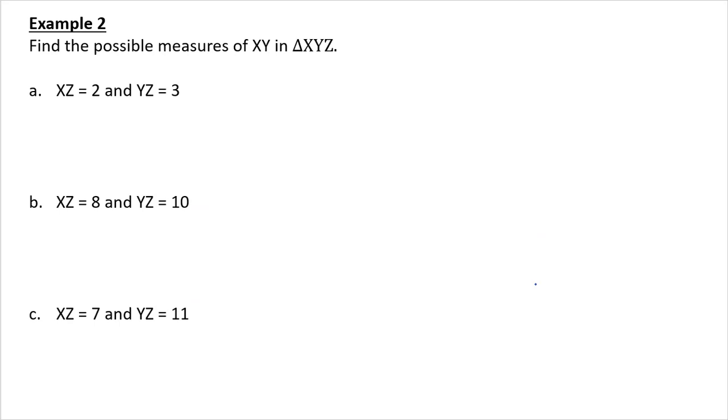Okay. Find the possible measures of XY in triangle XYZ. Okay, so I just want to show you guys X, Y, Z, not necessarily to scale. To get the possible values for XY, there's going to be a range.